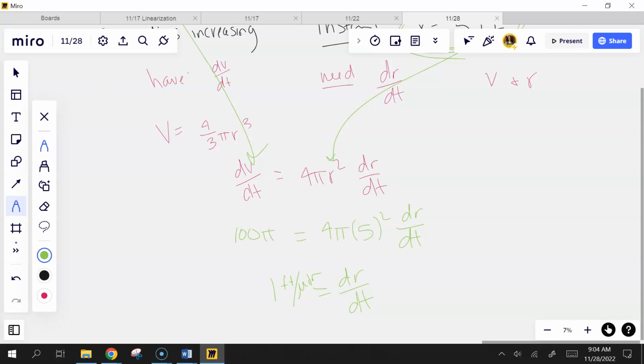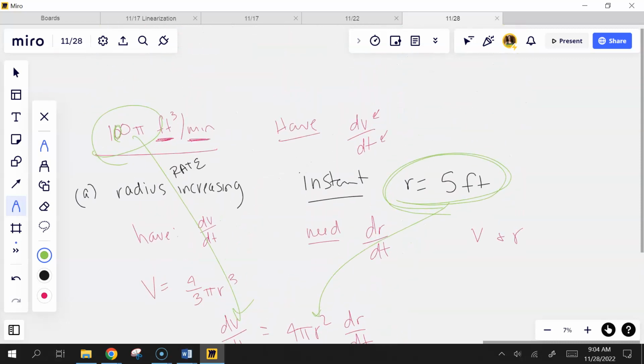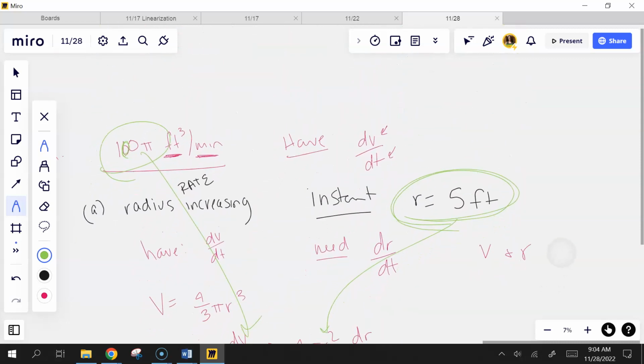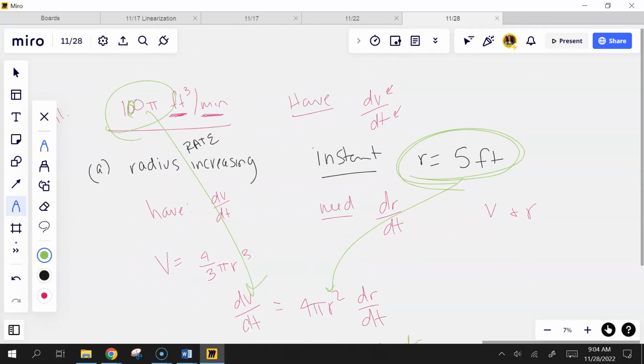It's not a constant increase. Because I'm thinking about radius, what unit do I do the radius in? Yeah, because they gave it to me in the beginning.